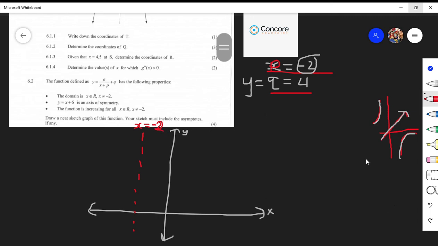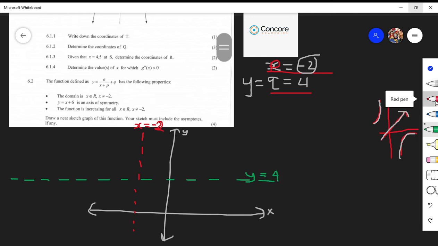Then we've got our horizontal asymptote at +4, and remember our horizontal asymptote is our q value, which we calculated using the equation of our axis of symmetry, and q is equal to 4.